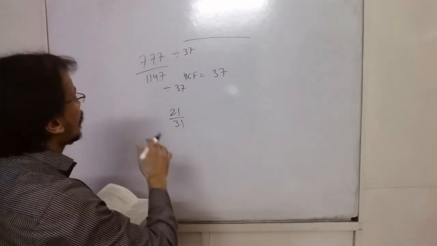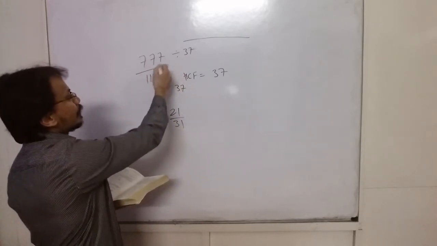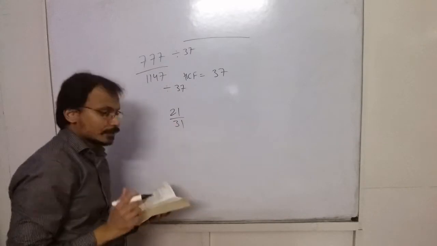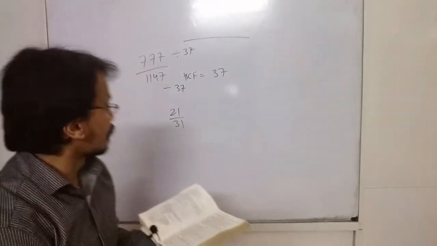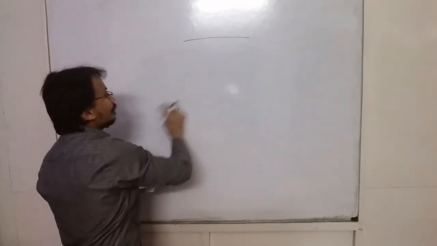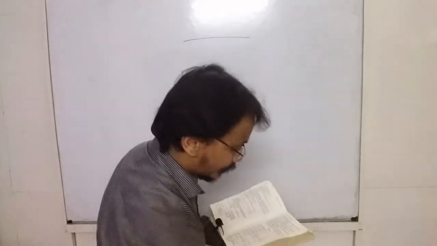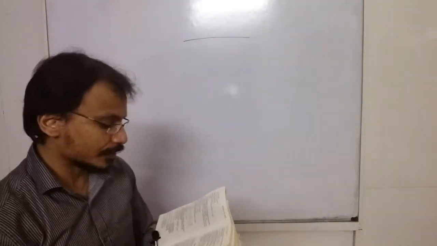This is what we are supposed to do. Just calculate the HCF and divide the numerator and denominator both by the HCF. You will be getting a fraction, and that is going to be the answer. Now one more question which is again very common. The question is very much similar, but they have framed it in a different manner.